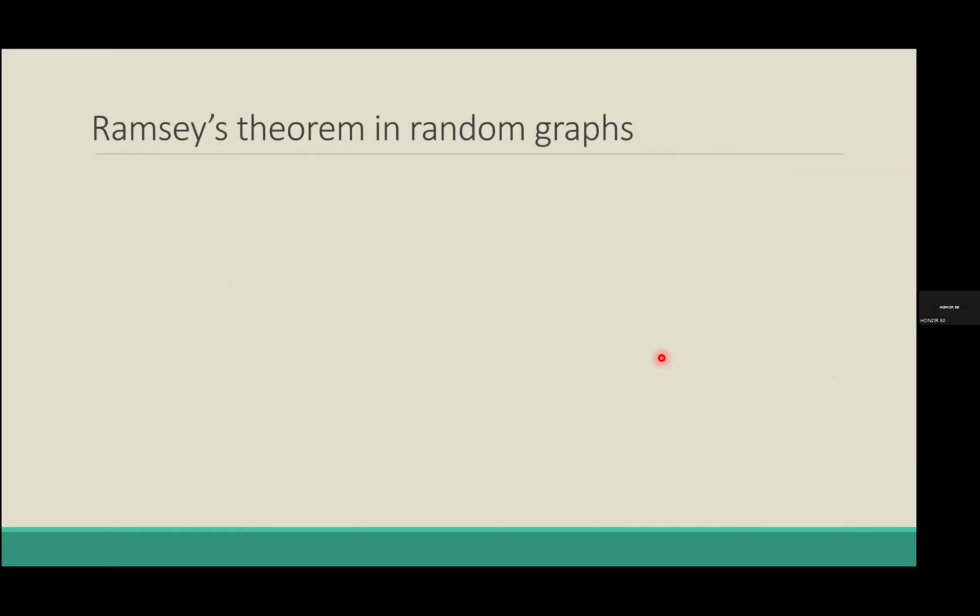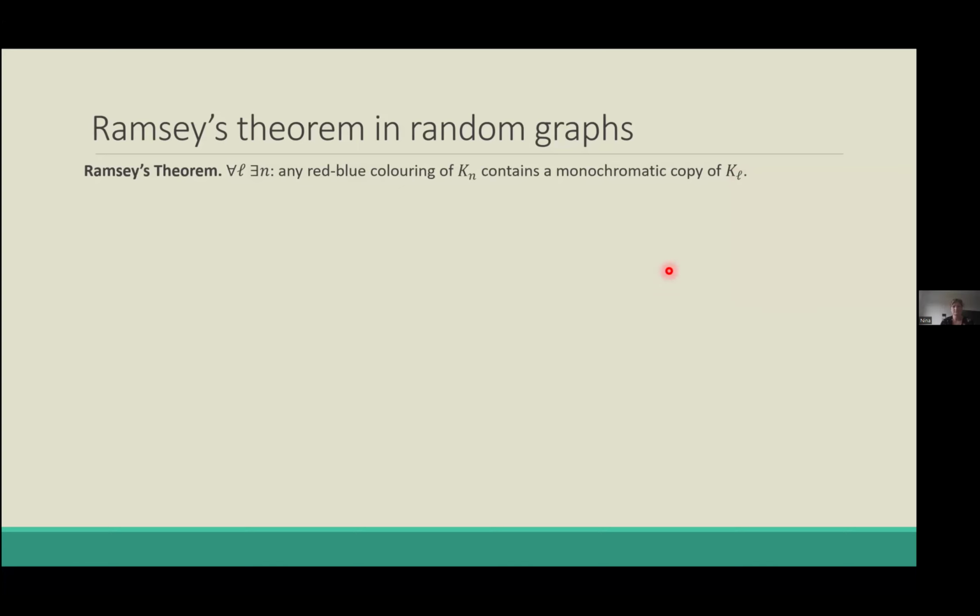So let's start with the usual Ramsey's theorem in random graphs. Actually, let's start with the usual Ramsey's theorem. We let an adversary color the edges of Kn, say red and blue, and we want to find a monochromatic copy of KL.